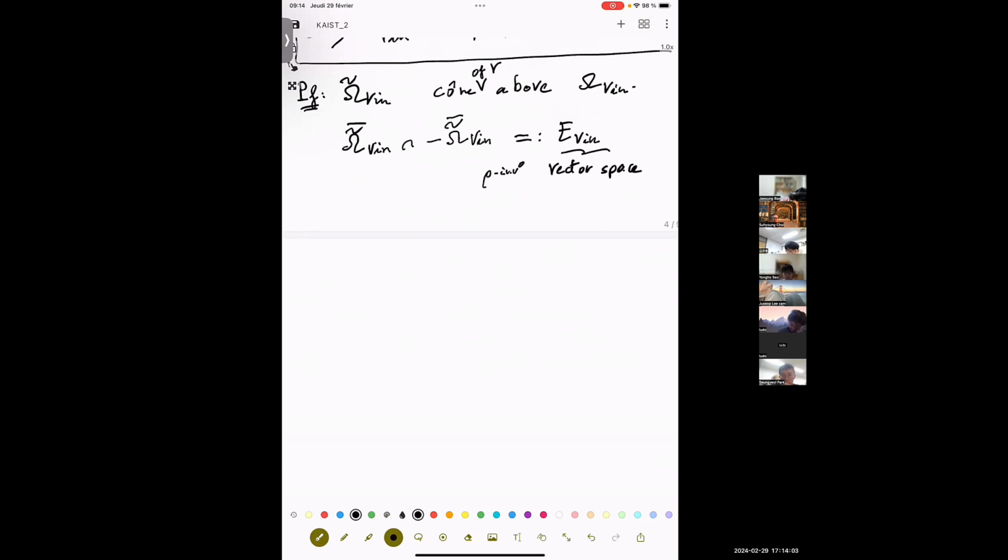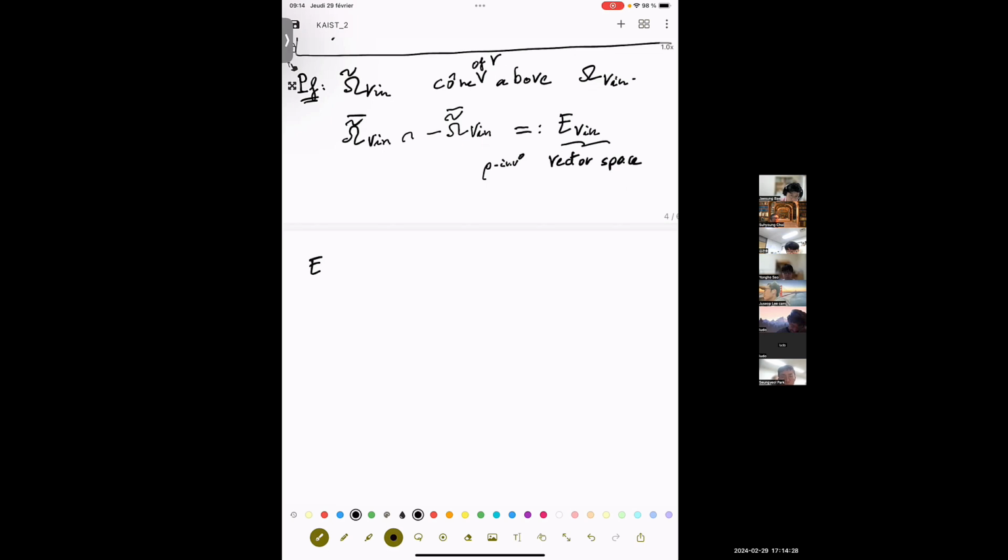Okay. And so there are two possibilities. If you are at the level of the cone, if I Vin is equal to the whole vector space, then it's an exercise to show that omega tilde Vin is in fact equal to the whole space.